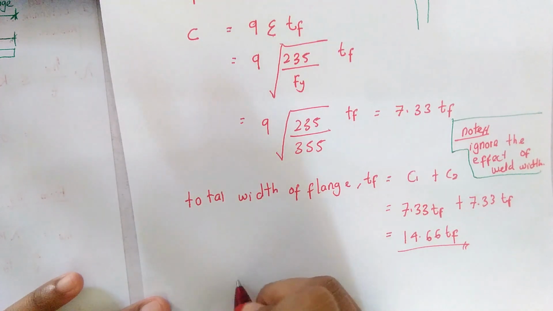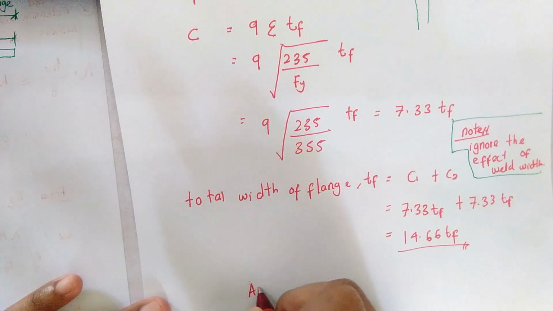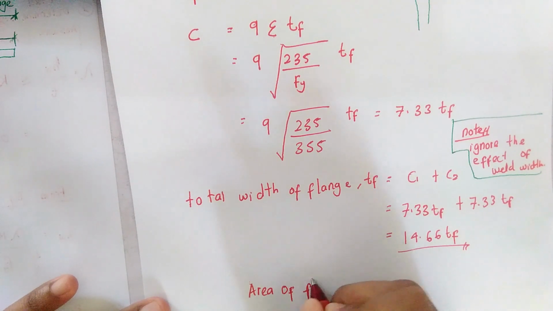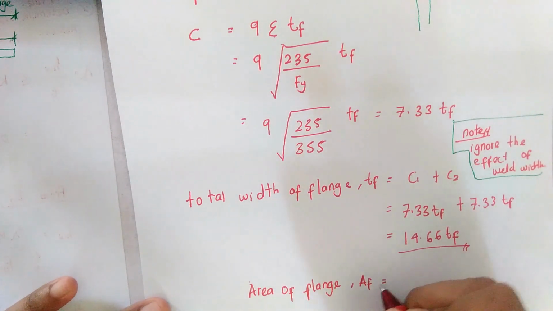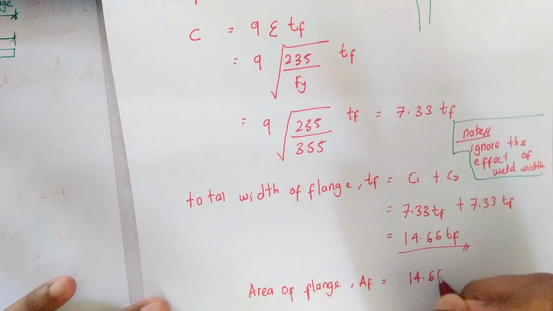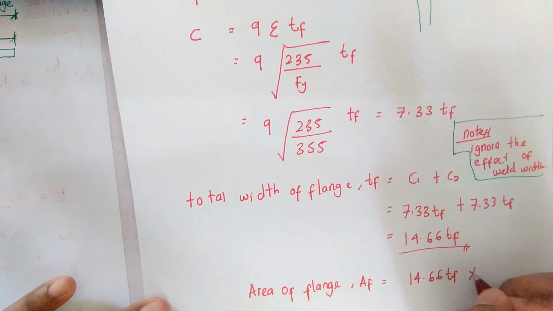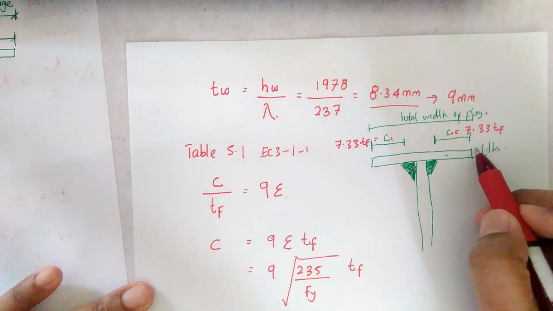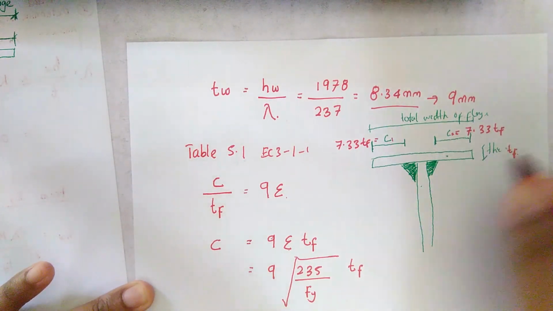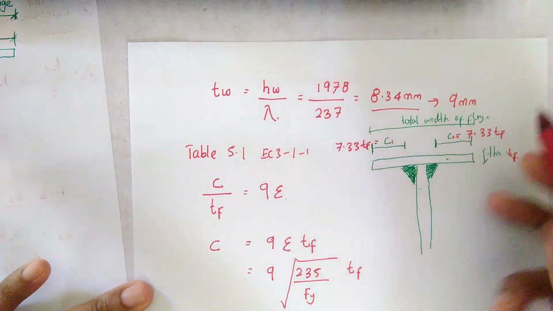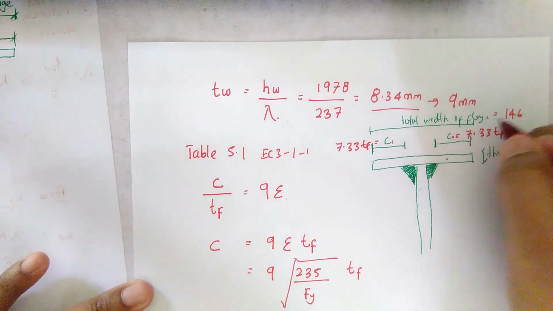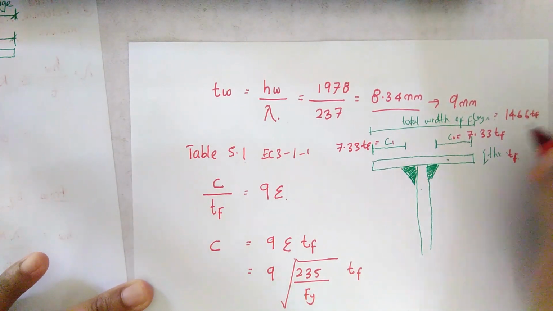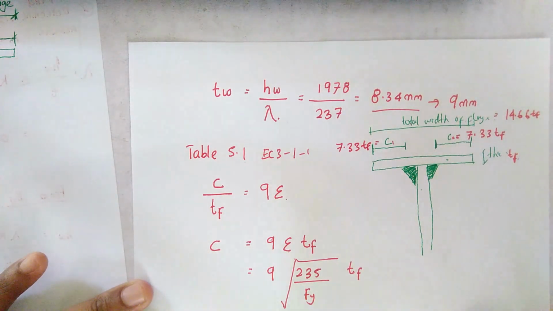And now the area of the flange is equivalent to 14.66 TF, the width, times TF, because this is your TF, the thickness of the flange.